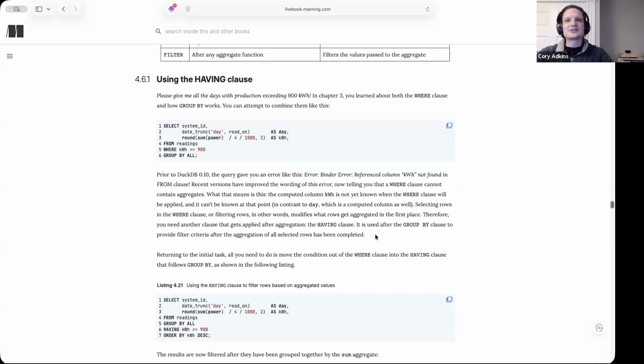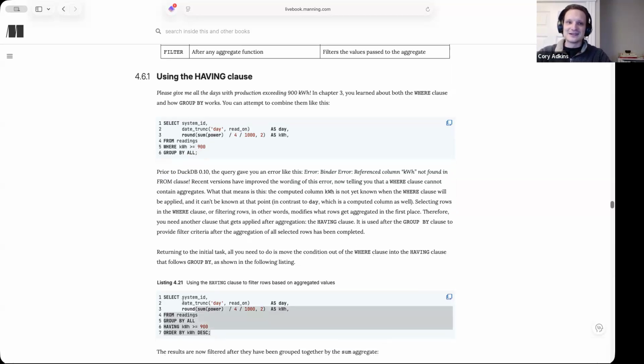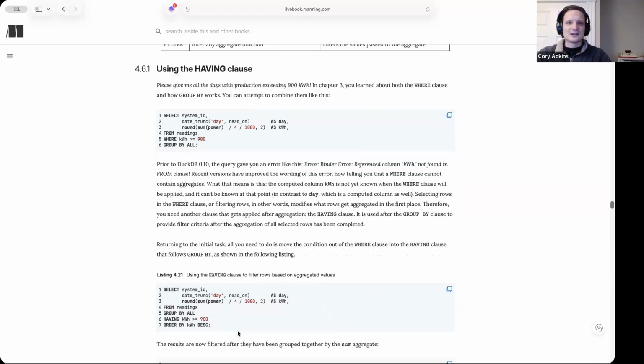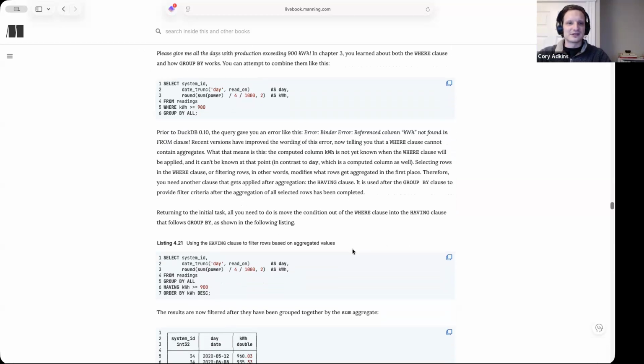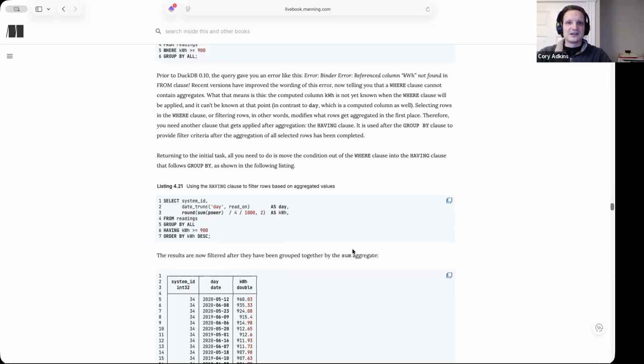So if you do an aggregation and you want only whatever systems that produce more than 900 kilowatts on average, then you would go down here. Or aggregate, yeah, sum in total, or whatever your aggregation function is.